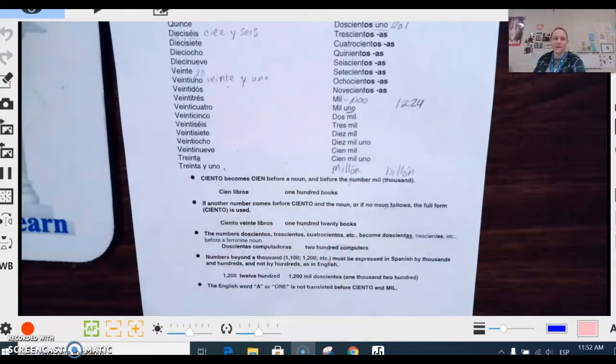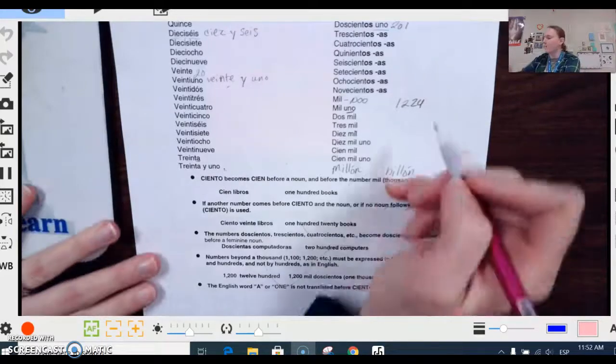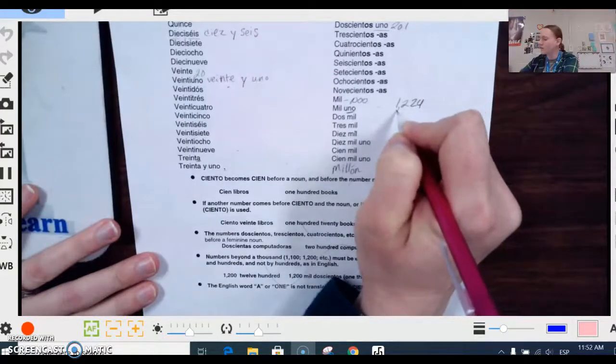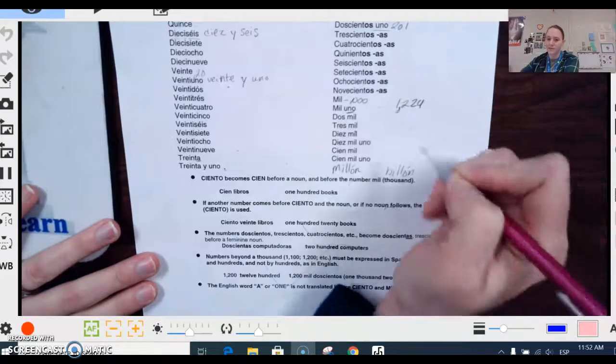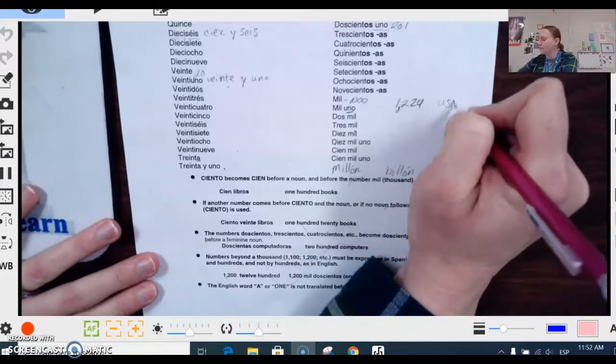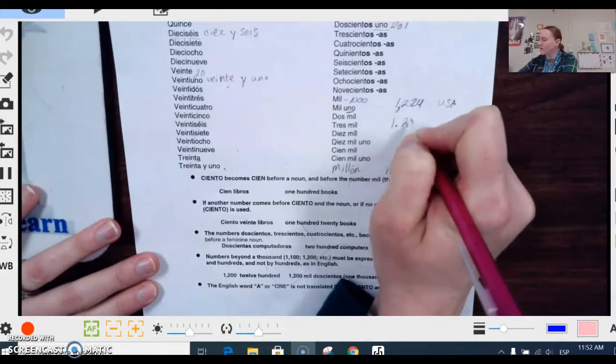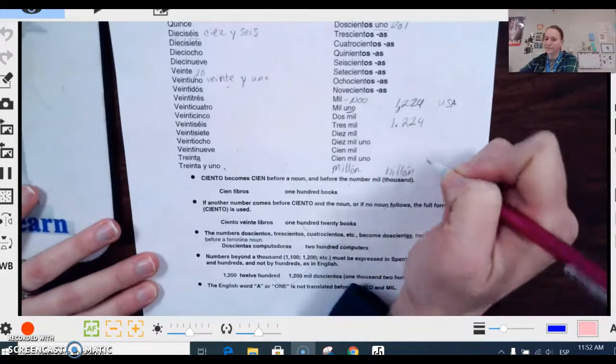Okay. Another thing that is different with numbers in Spanish-speaking cultures, and also in a lot of places in Europe and throughout the world, is that the comma and the decimal point are flipped. So if I were writing 1,224 in English, or in an English-speaking country, or rather in the U.S., it would look like this. Okay? In Spanish-speaking countries, and a lot of countries in Europe, it's going to look like this.